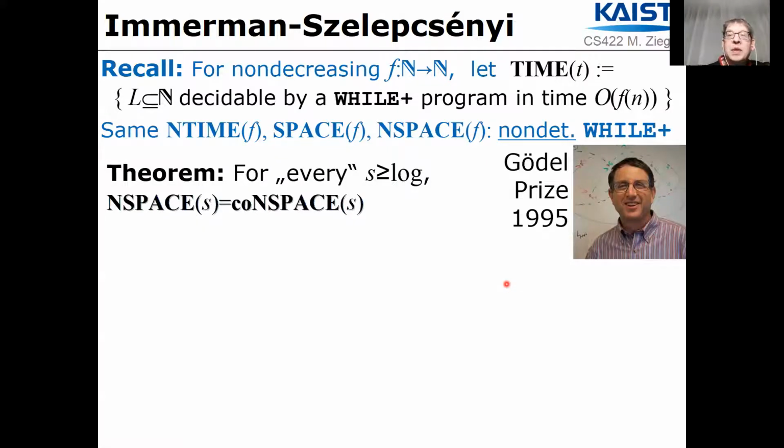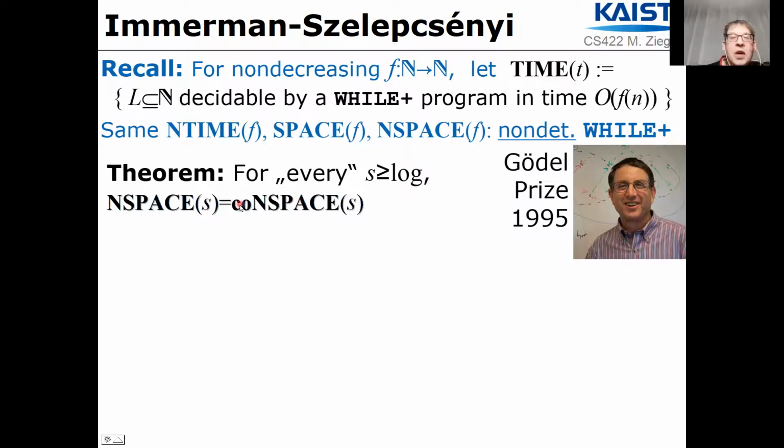Where Savitch's theorem would assert that NSPACE is contained in deterministic quadratic space, with a quadratic overhead, Immerman-Szelepcsényi says that NSPACE is contained, and by symmetry equal to, co-NSPACE with only a linear overhead, that is indicated here in this big O you see here.